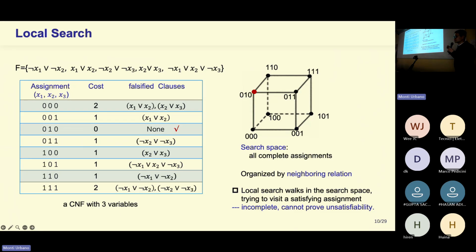And suppose one of them is the solution. What local search does is to start from one point of this cube and jump to another in the next step. So we can see that this method is incomplete. It cannot prove unsatisfiability. But the advantage is that by designing clever heuristics, maybe for large formulas, we can also find a solution quickly.